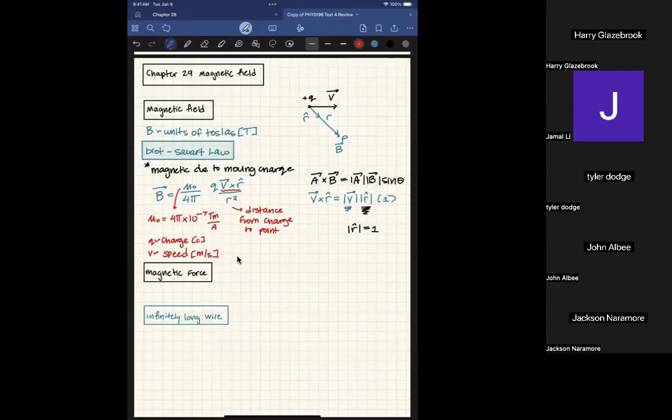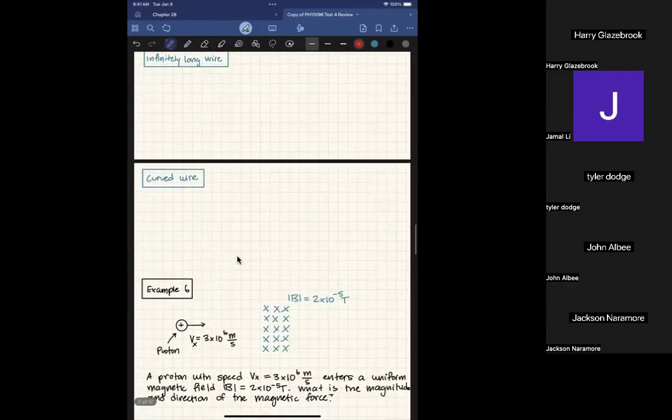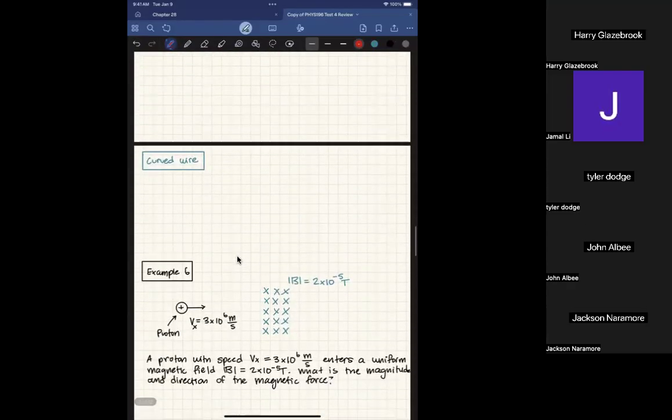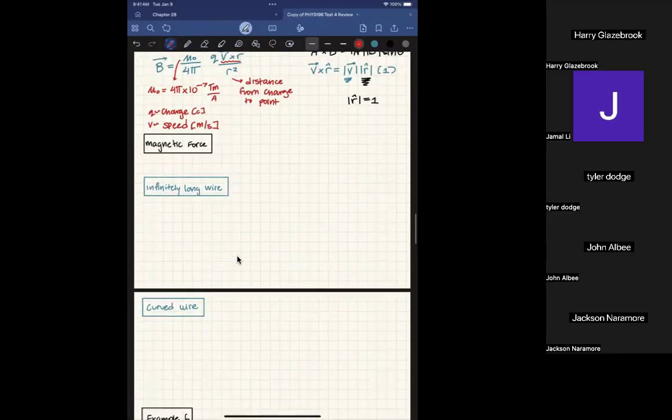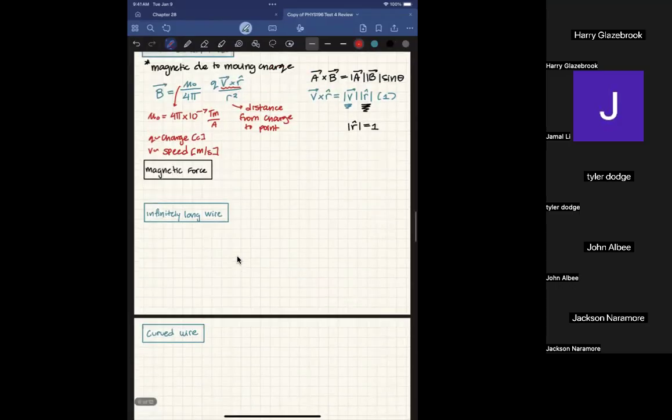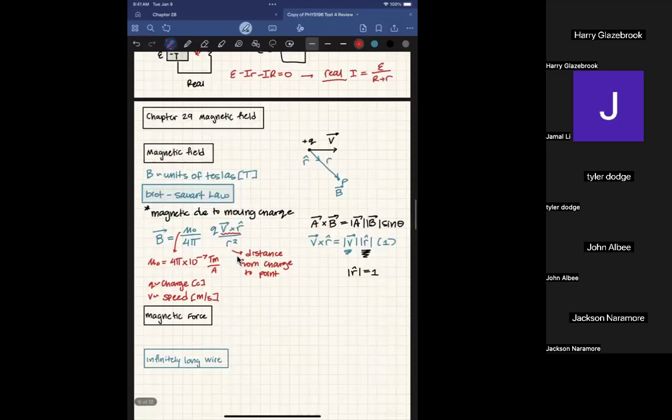Cool. From here, before we go into example 6, I'm just going to give you equations for the magnetic field in certain geometries. What is the law that's boxed? The Biot-Savart law. So it's this guy right here. This is all the Biot-Savart law. It's a way, again, of finding the magnetic field due to a moving charge.